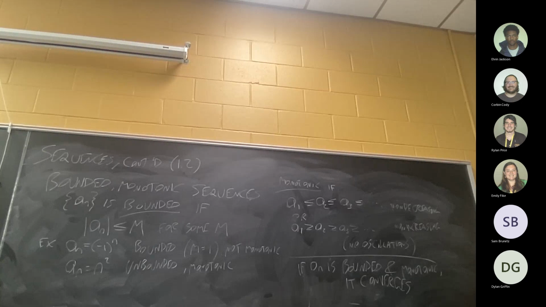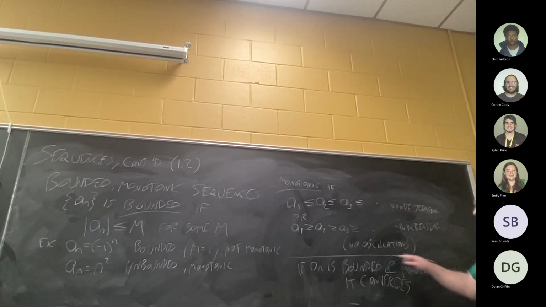Because when a sequence diverges, it could go off to infinity or minus infinity, but it can't do that if it's bounded. Or it might be bouncing back and forth between different values, but it can't do that if it's monotonic. So as long as both conditions apply, we know the sequence converges.